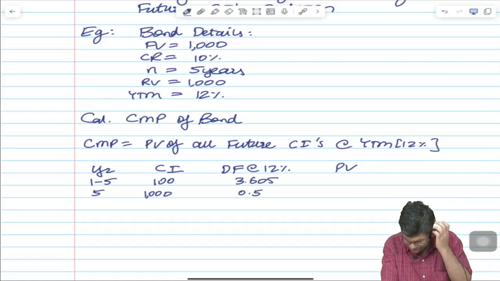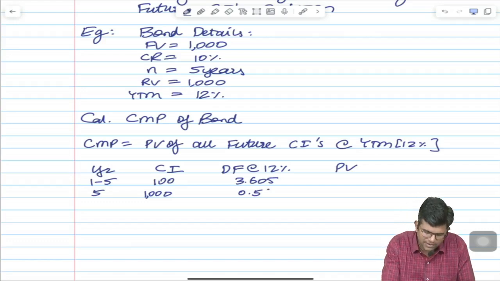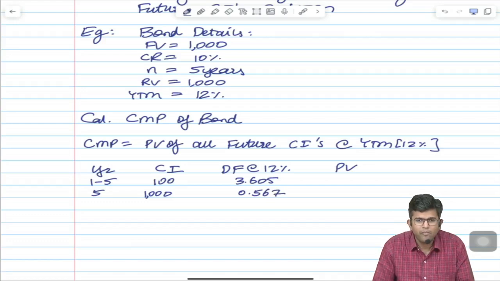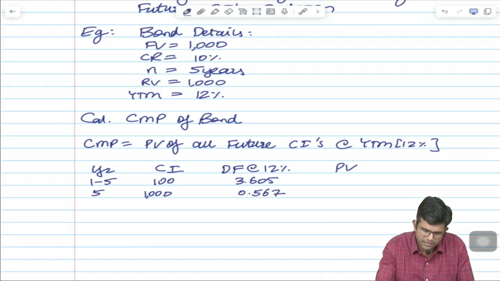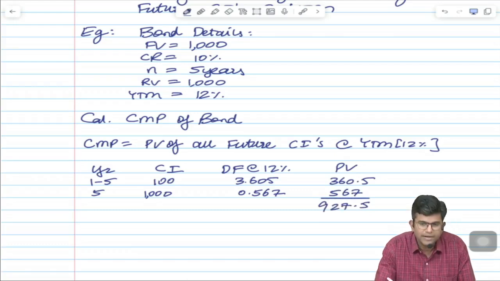The discounting factor is 3.605 for the coupons and 0.567 for the redemption. Just check once. This is 360.5, this is 567, so the total is 927.5.